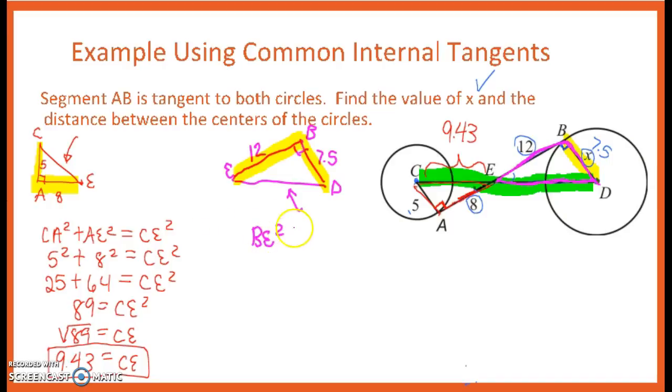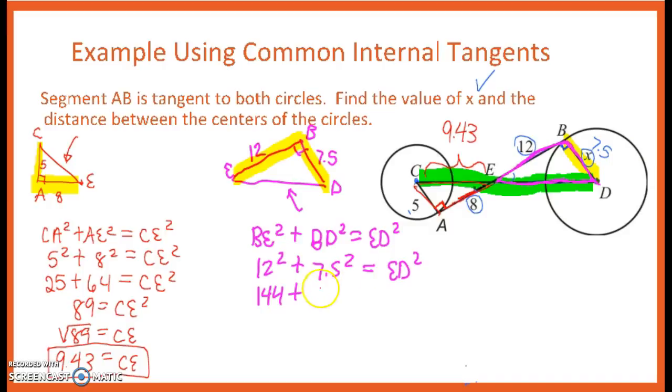So BE squared plus BD squared is equal to ED squared. Well, BE is 12, so 12 squared plus BD is 7.5, so 7.5 squared is equal to ED squared. Well, 12 squared I know is 144. 7.5 squared is 56.25, and that's going to be equal to ED squared.